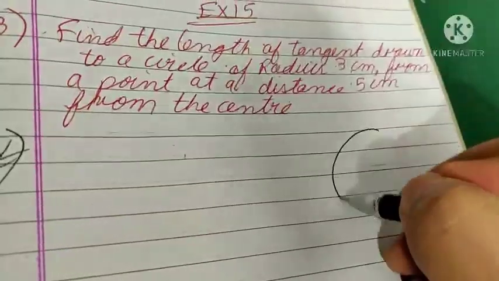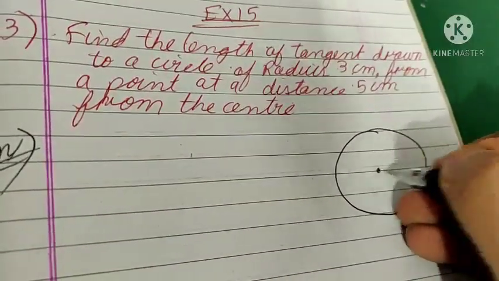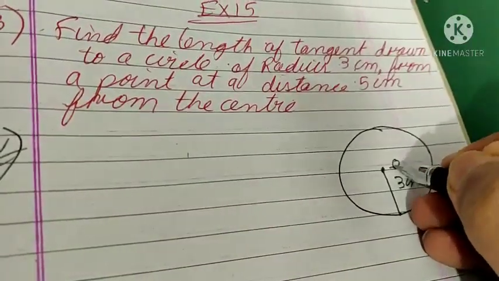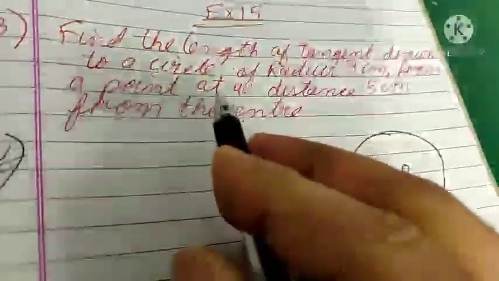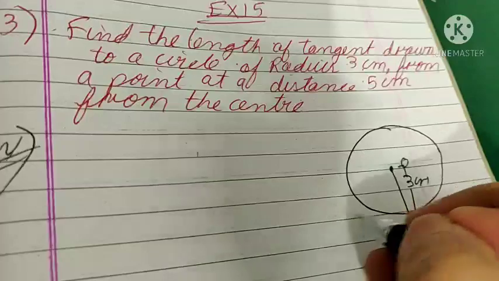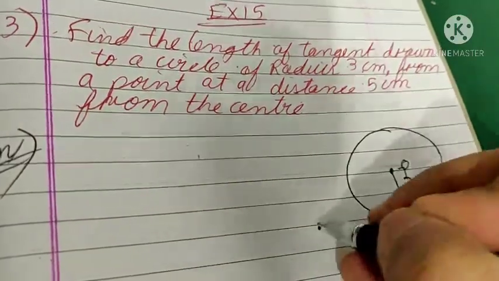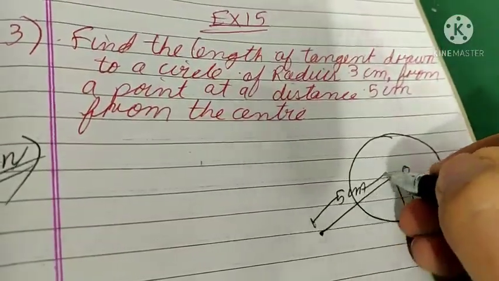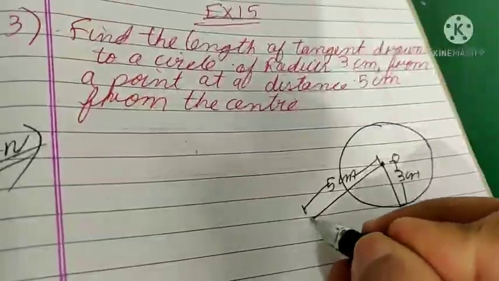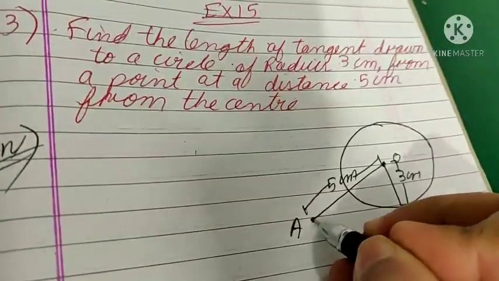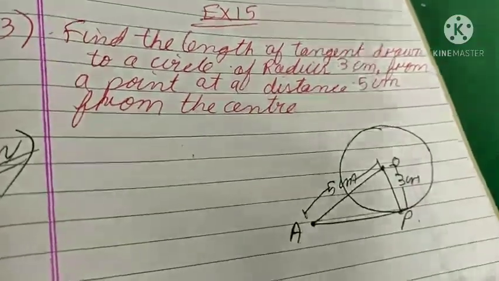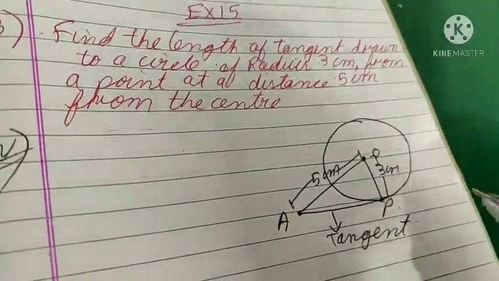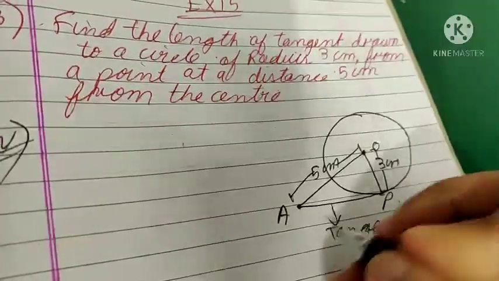If this is a circle and this is our center O, its radius is 3 centimeters. There is a point A at a distance of 5 centimeters, and we have to find the length of the tangent AP. A tangent is a line drawn from outside a circle touching only one point on the circle.